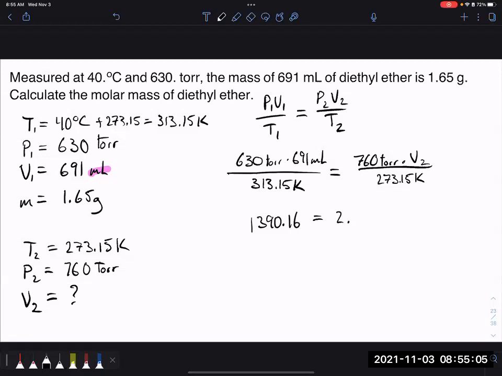This will be 2.78. Again, when I write these numbers down, I'm going to use the entire number that's saved in my calculator. So we're going to do 1390.16 divided by 2.78. And we're going to get right around, that's fun.